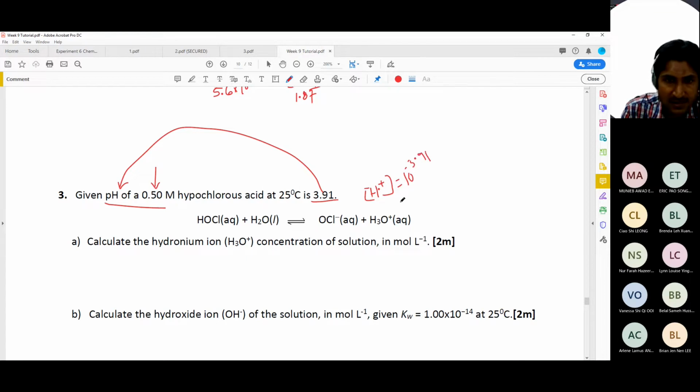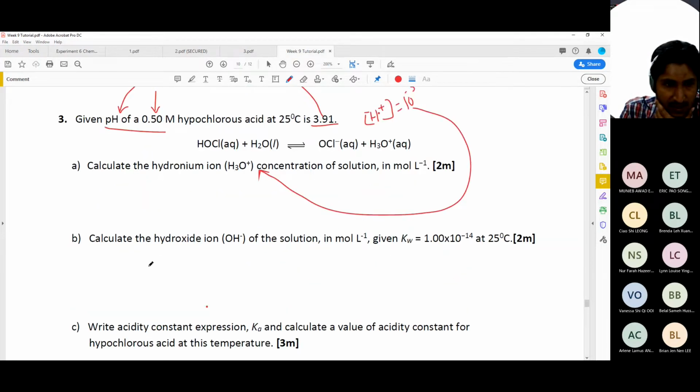So this is the concentration that has been dissociated in the water. The rest is still in the water, but not dissociated, not ionized. So this is the hydronium ion concentration in the solution.